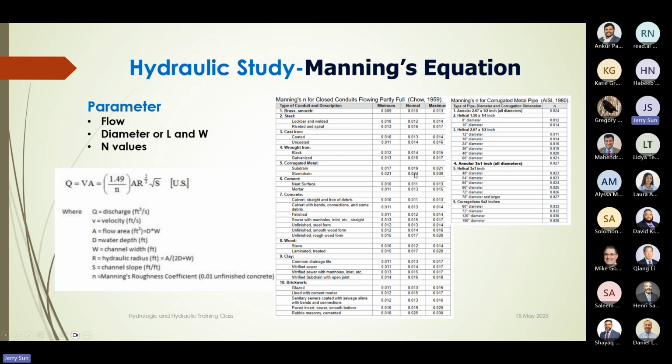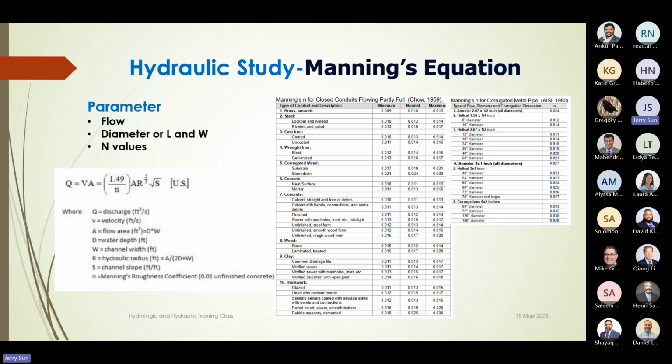for CMPs, whatever the CMP type is. For the concrete pipe and RCP, we basically use 0.013, right? Some people use 0.012 if the culvert is large enough.